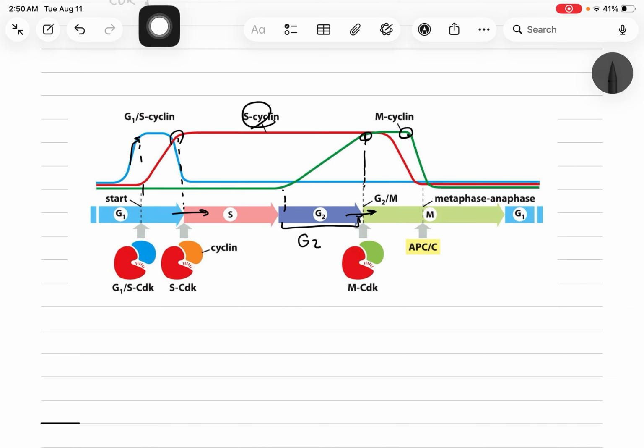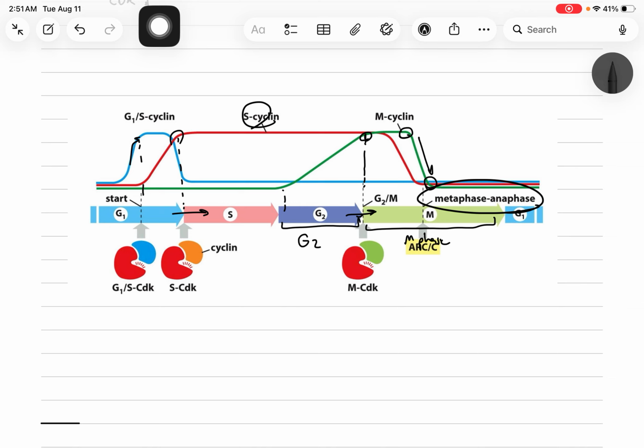This is G2 and this is the M phase. It is also important to know, and we're going to talk about it later on, that when we have the drop in the M-cyclin, we're going to have the metaphase-anaphase transition.